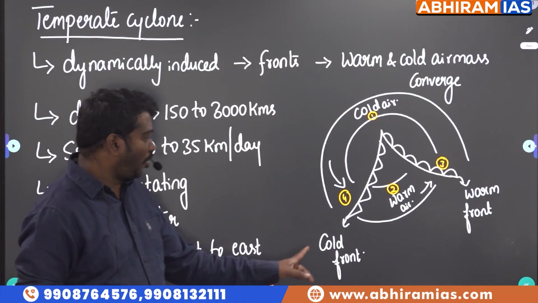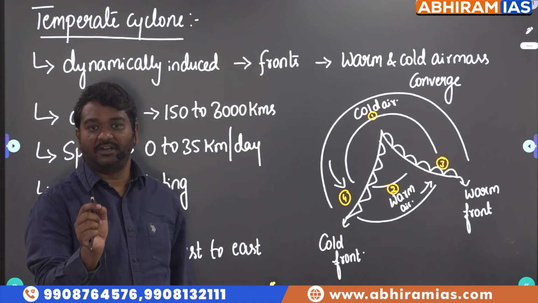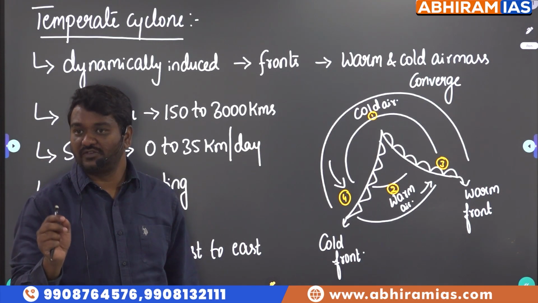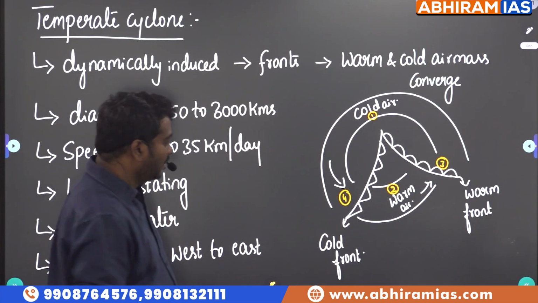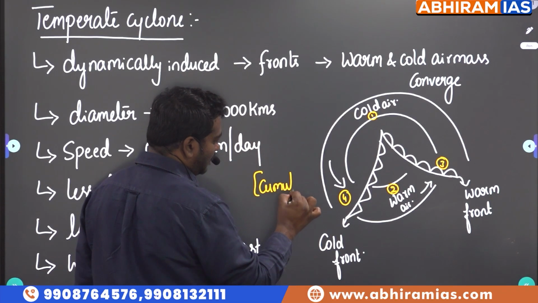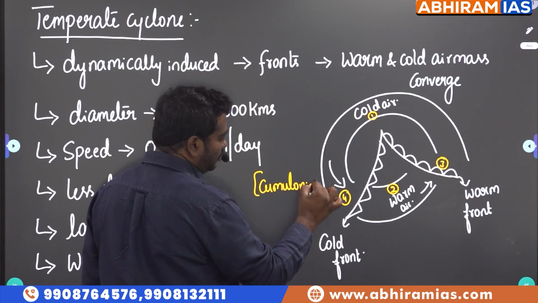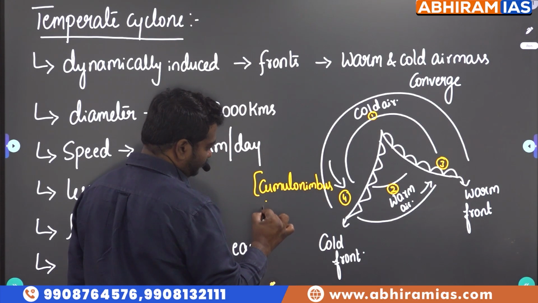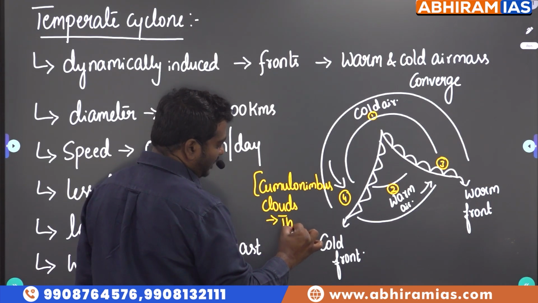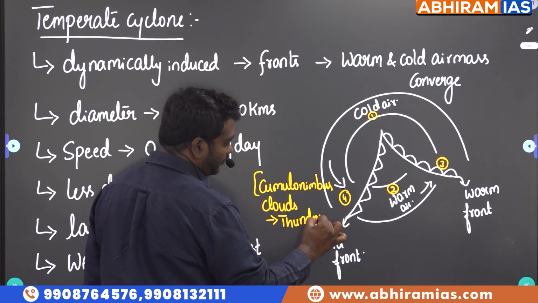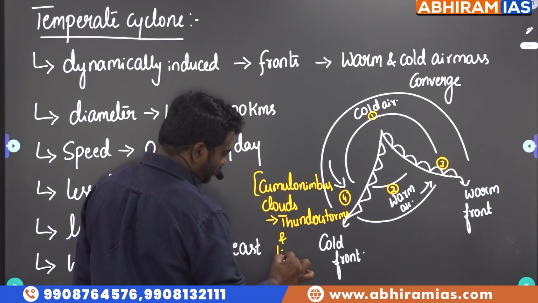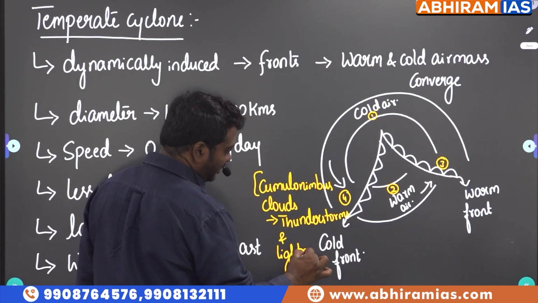Always remember, cold front is associated with thunderstorms and lightning, because cold front has cumulonimbus clouds. So it has thunderstorms and lightning.